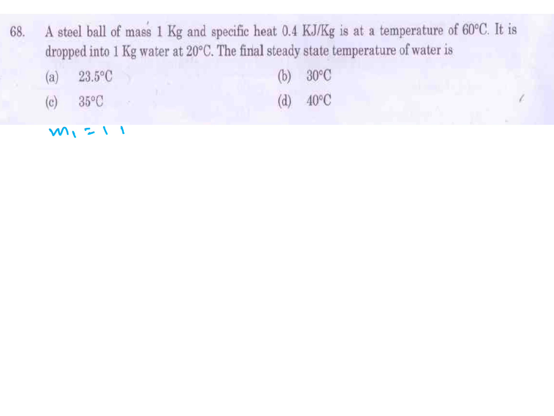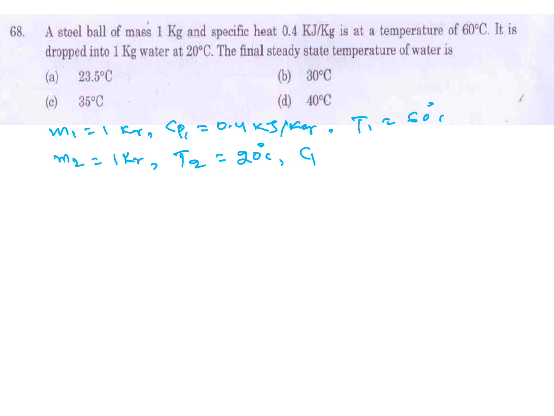M1 is 1 kg, Cp1 is 0.4 kilojoule per kg, T1 is 60 degrees Celsius, M2 is same 1 kg, T2 is 20 degrees Celsius, Cp of water is 4.2 kilojoule per kg.